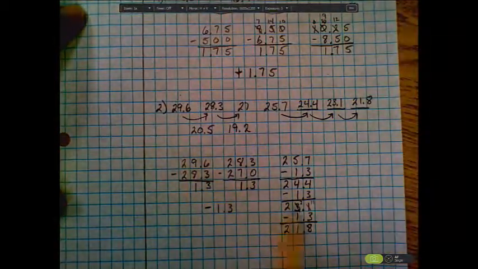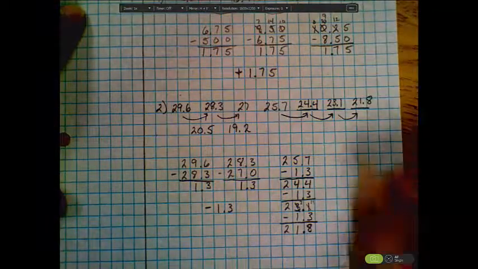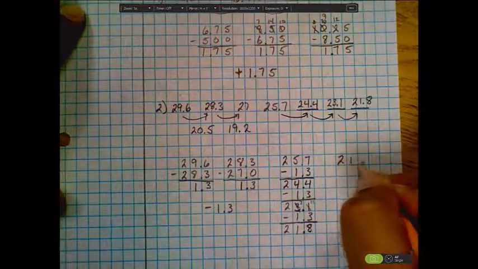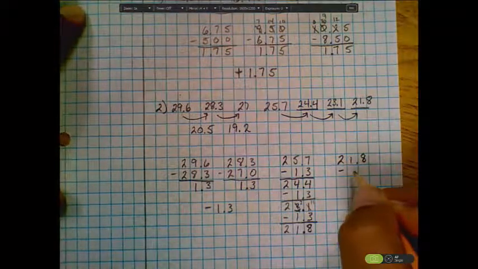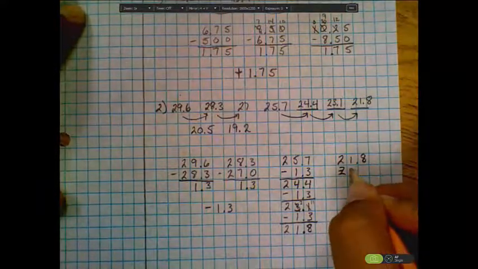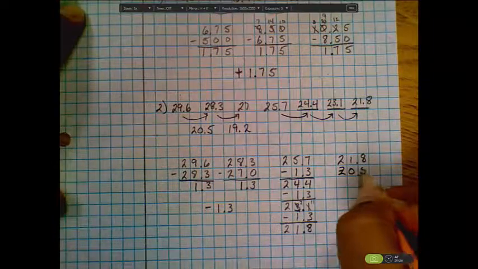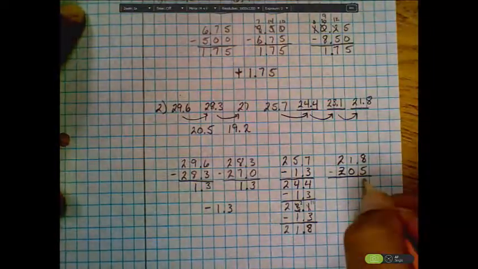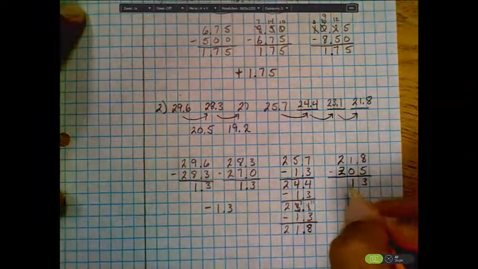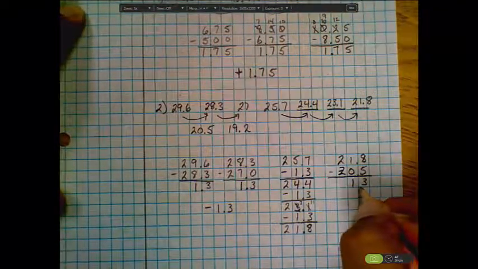We can check to see if that's working, so by taking our 21.8 and subtracting 20.5, 8 minus 5 is 3, 1 minus 0 is 1, 2 minus 2 is 0.